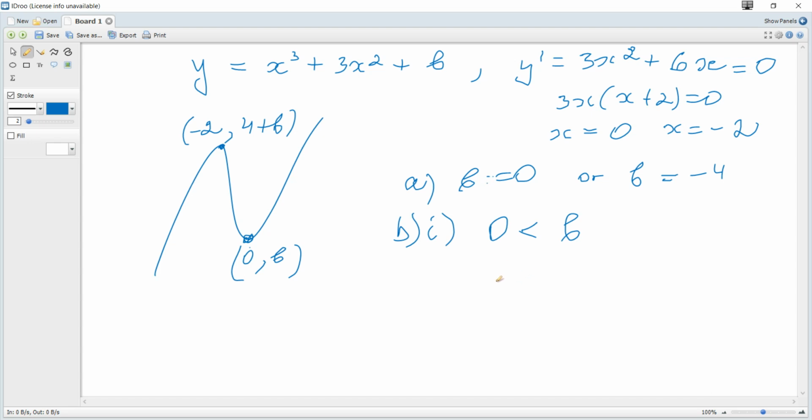Or when the x-axis is above the maximum, 0 is greater than 4 plus b, or when this point 4 plus b is below the x-axis, it means the y coordinate 4 plus b must be less than 0, and hence b is greater than 0 or b is less than negative 4.